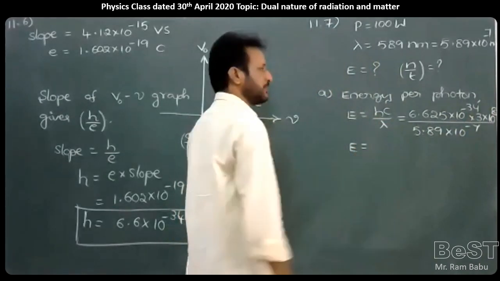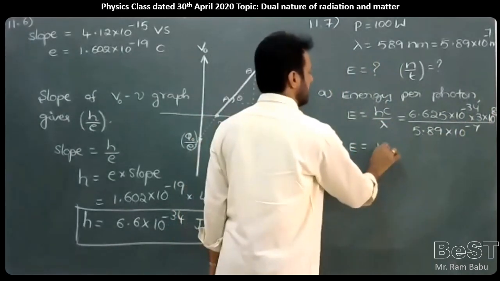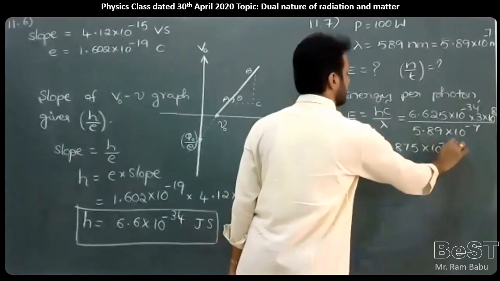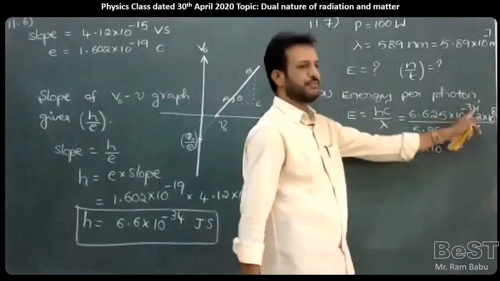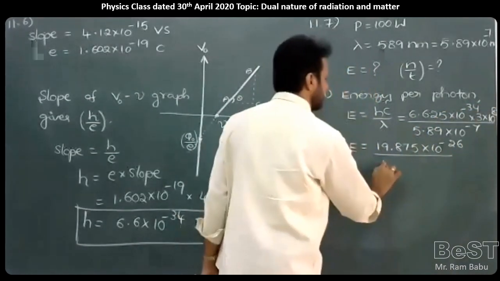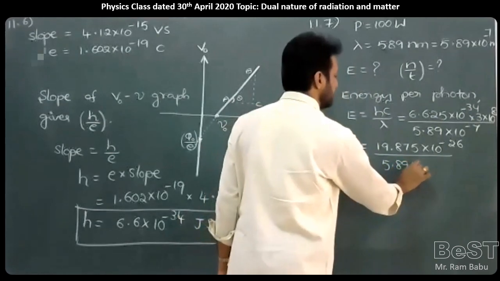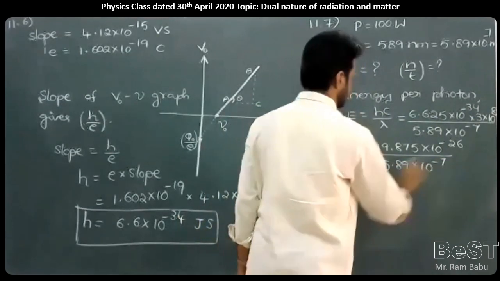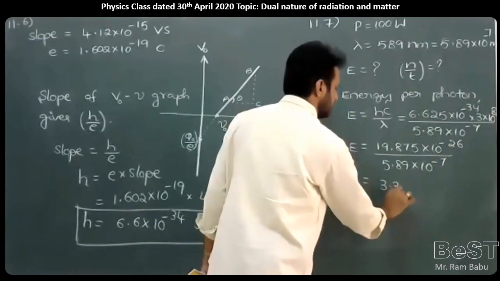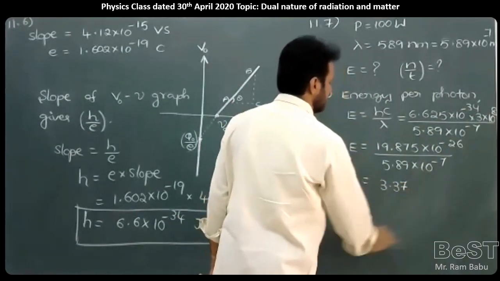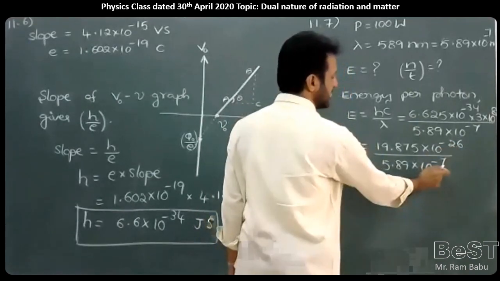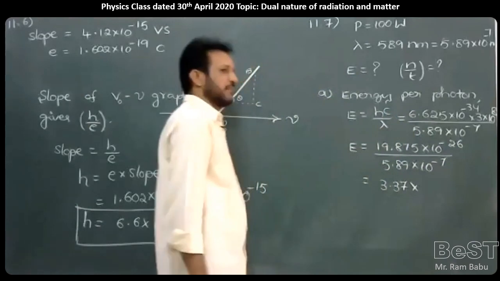Numerator value 6.625 into 3, 19.875 into 10 power minus 26, divided by 5.89 into 10 to the power of minus 7. That gives 3.37 into 10 to the power of minus 19.